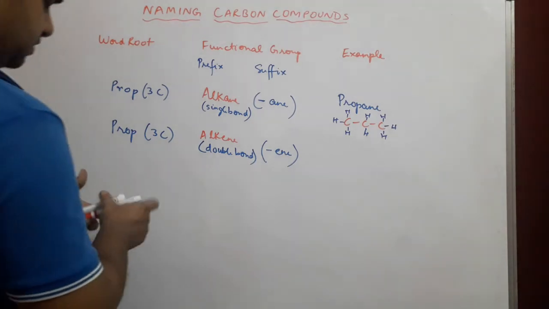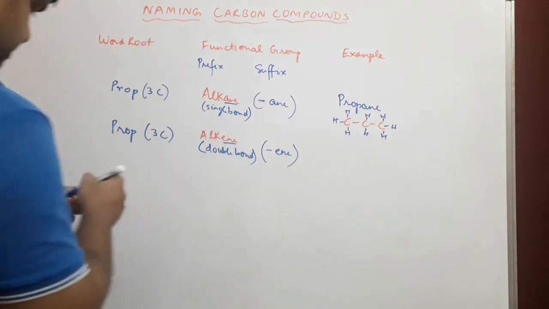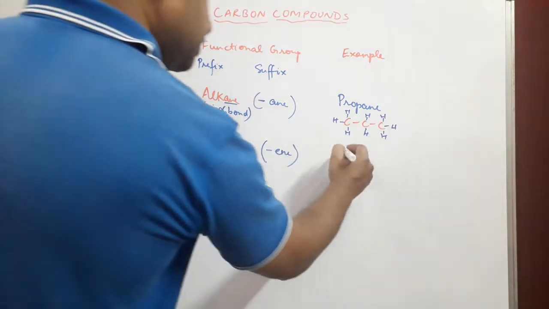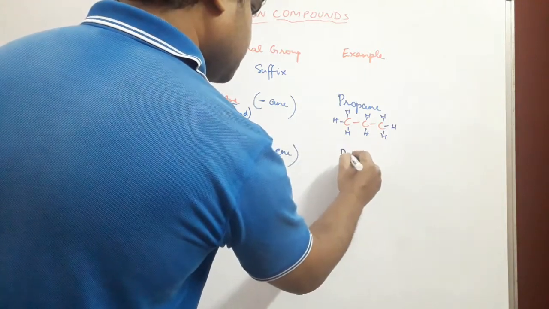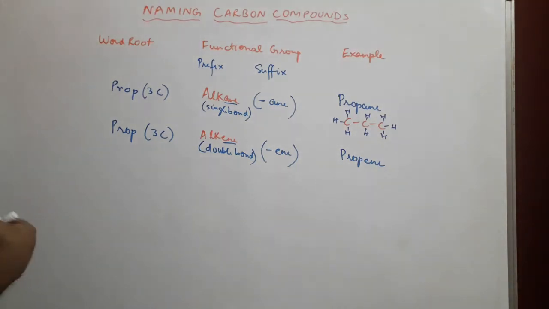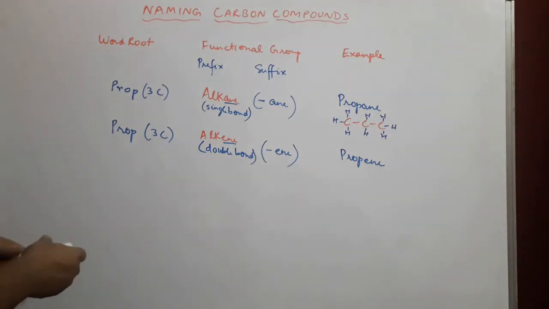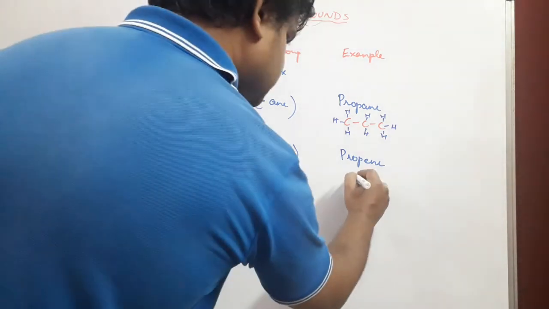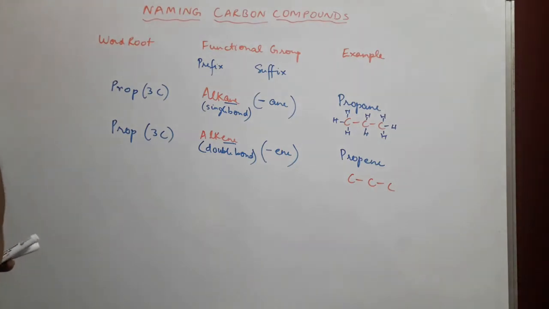As you notice over here, there is alkane, alkene, and the example would be propene. If we go to construct a structural diagram for this, it will be somewhere along this line. First of all, we need 3 carbon atoms like this. Now since there is a double bond, we'll have to put a double bond somewhere.